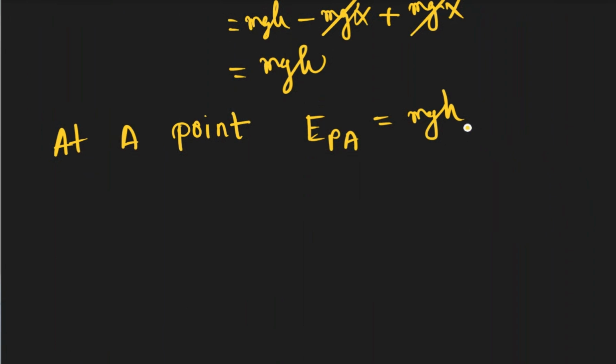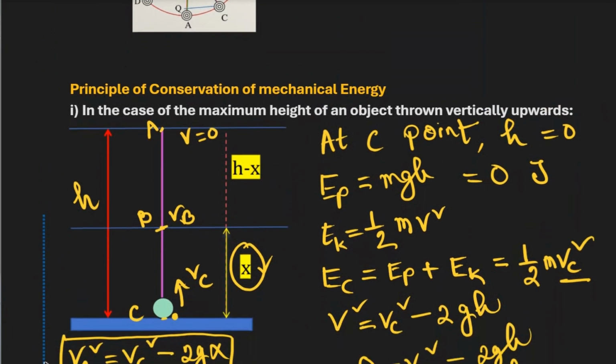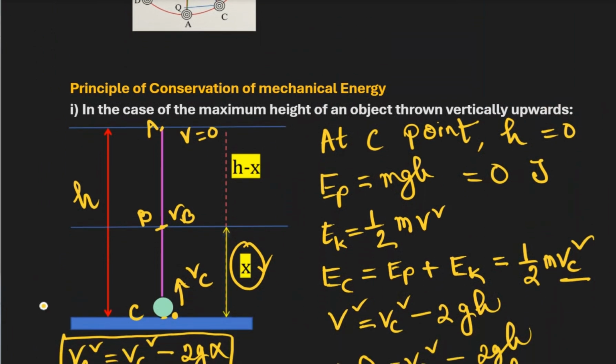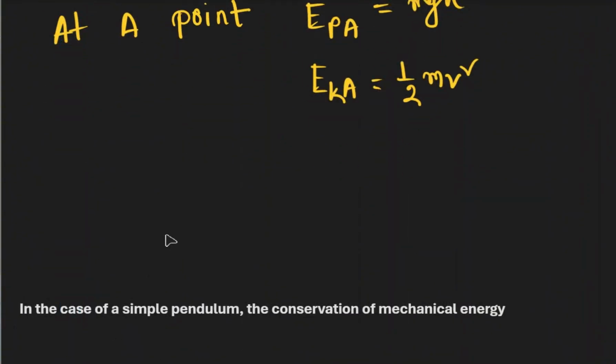The kinetic energy EKA equals half mv square. Remember, the velocity at A point is 0, so no velocity exists, and it will be 0.